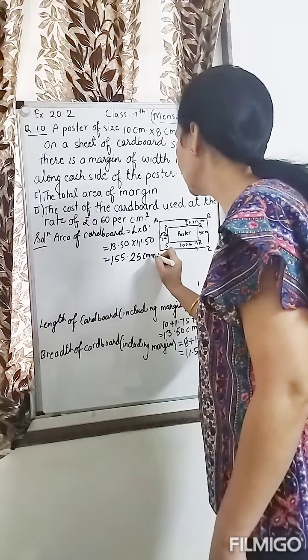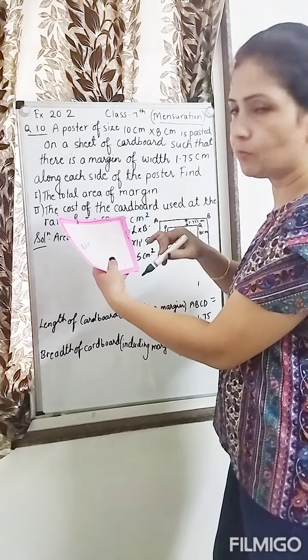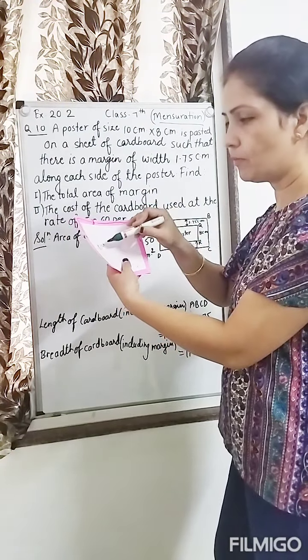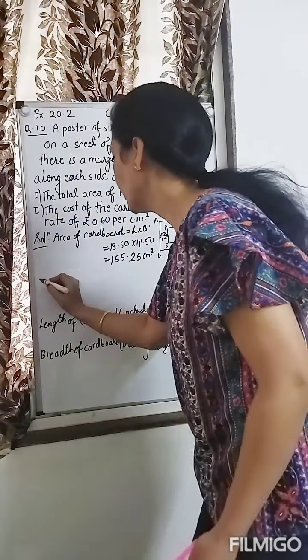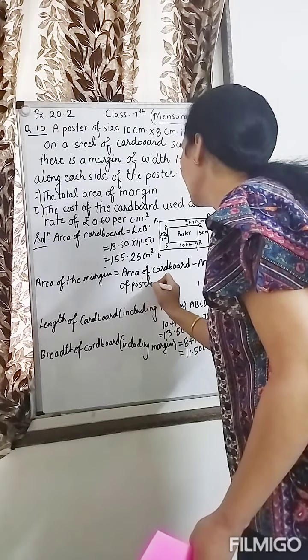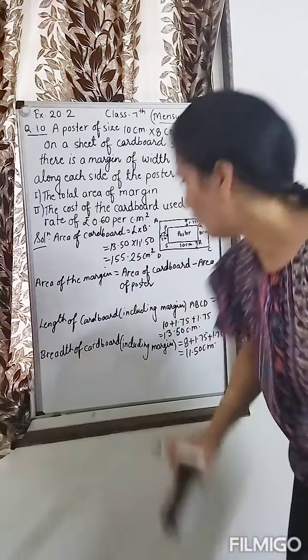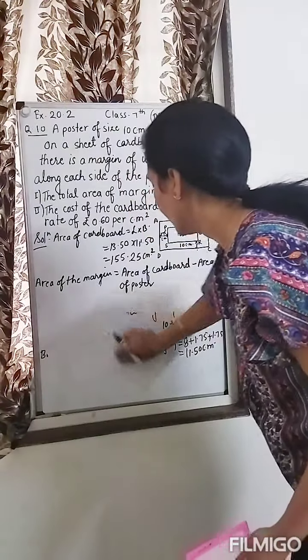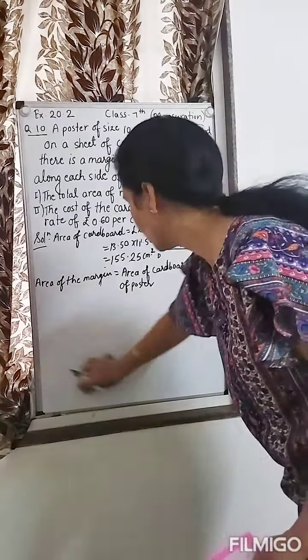Now to find out the margin, we have to subtract the area of the poster from the area of the cardboard. So, area of the margin will be equal to area of cardboard minus area of poster. Okay. So, area of cardboard is 155.25 centimeter square and area of poster was 80 square centimeter.